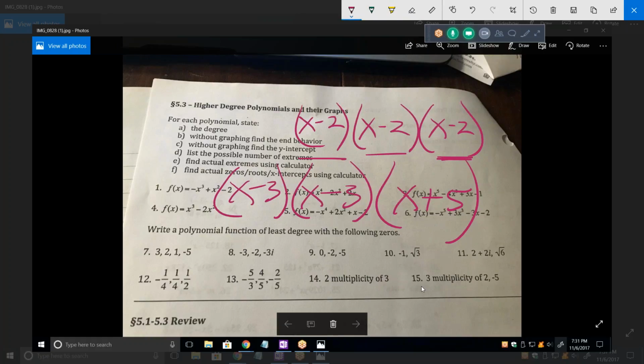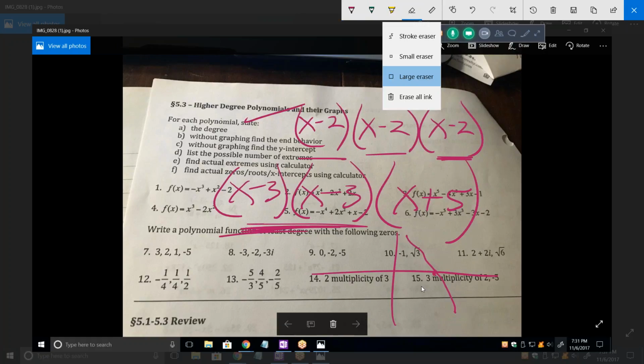Okay. If I'm graphing an odd multiplicity, my zero is at 2, right? So the graph is going to cross through. It's either going to go from positive to negative or negative to positive, but it's going to cross through the x-axis whenever I have odd multiplicity. When I have even multiplicity like that, it kisses the axis only.